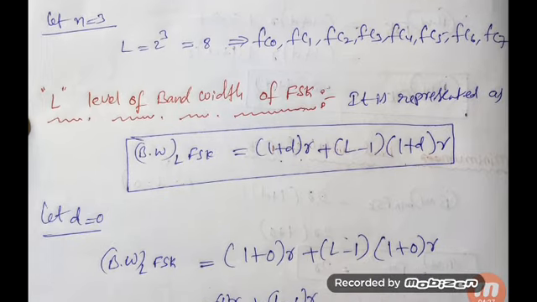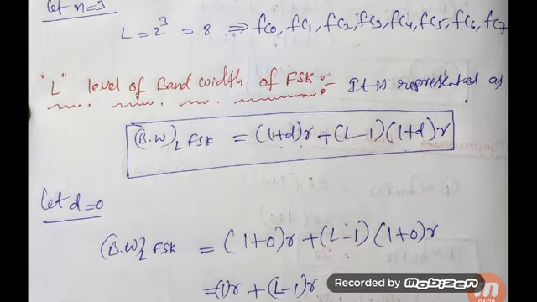And then we find the L levels of bandwidth of FSK. It is represented as the bandwidth of L level FSK, and this is the formula: (1 plus d) into r plus (L minus 1) into (1 plus d) into r.